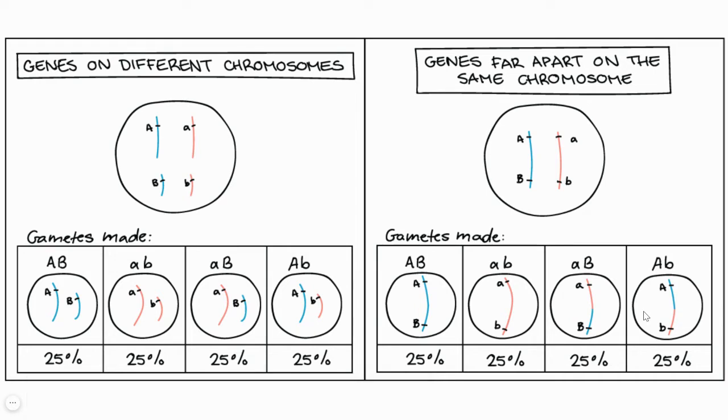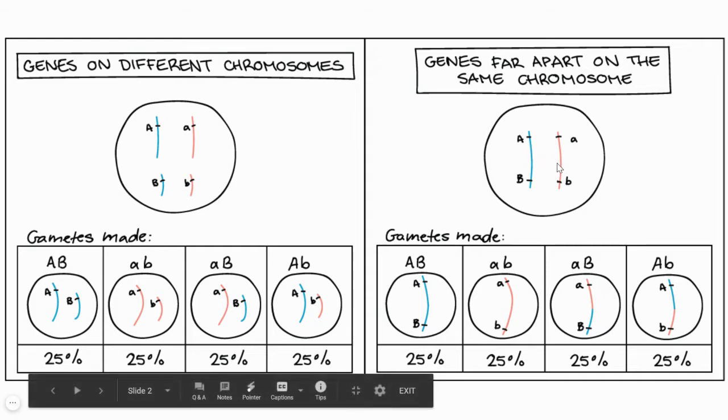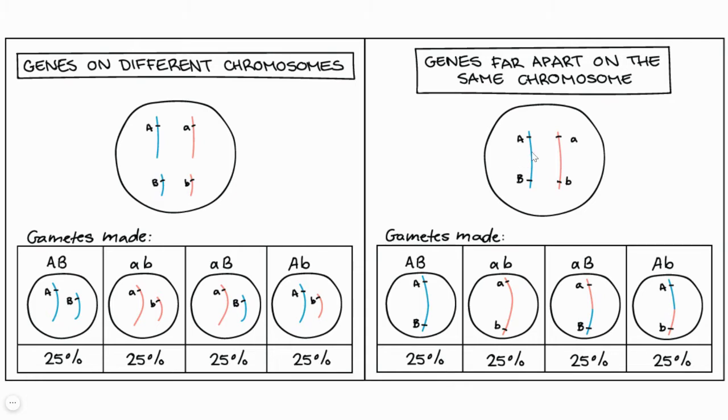The reason is crossing over that happens in prophase 1 of meiosis. In this case, because both genes are on the same chromosome, there is a possibility that due to the formation of a chiasma, segments of chromosomes got interchanged between the homologous pairs. So now capital A may be with small b, small a may be with capital B. In the first case that is completely impossible because both genes are on different chromosomes, and different chromosomes never cross over.